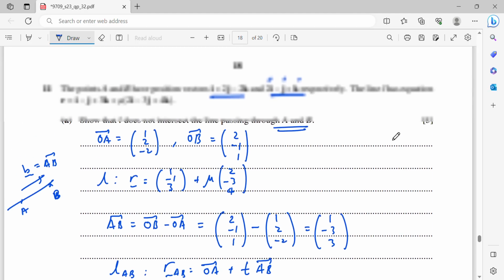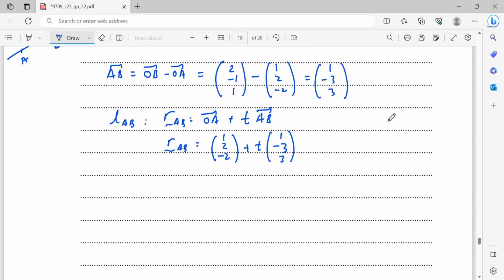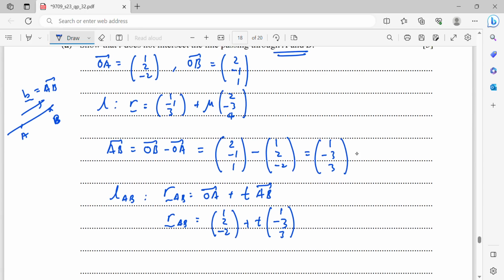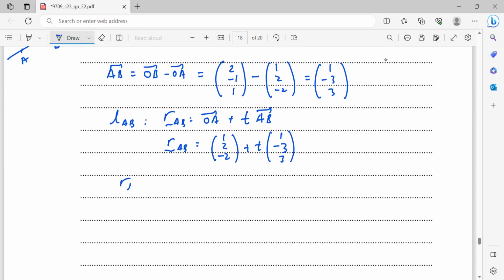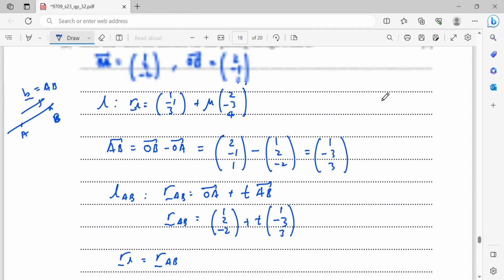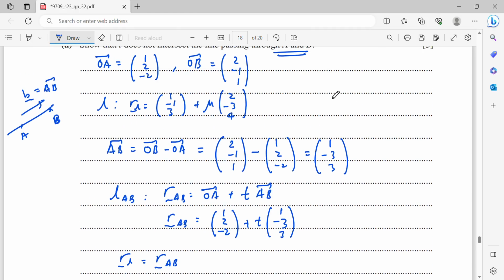And now you need to show that L does not intersect. So I need to let it be an intersection first. So r_L equals r_AB. Now just rewrite and open the brackets.